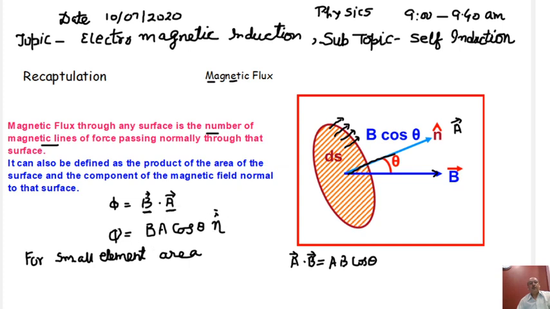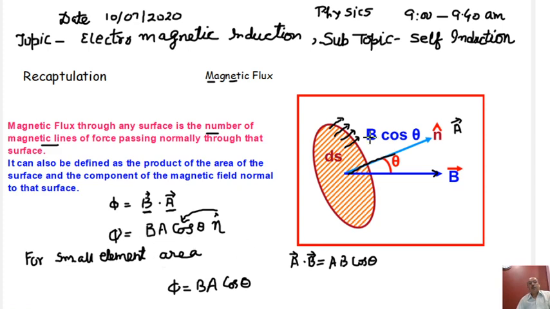Here B cos theta is the component of B toward the normal to the area. So phi is equal to BA cos theta. This is magnetic flux.